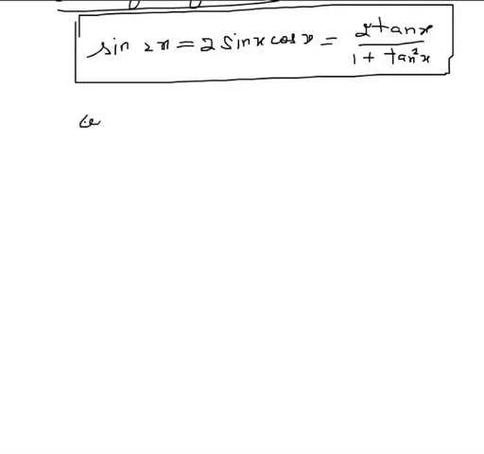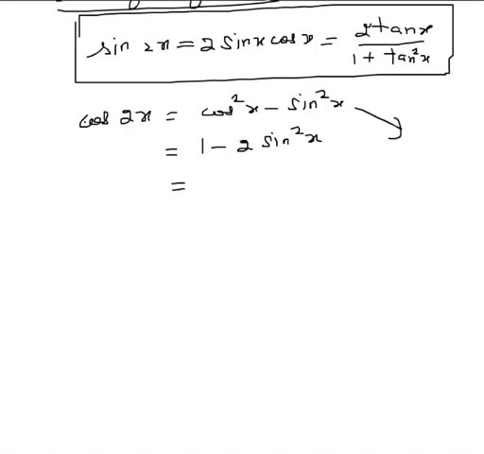Same way, we can derive the two-angle formula for cos 2x, which is cos square x minus sin square x. We can derive this using the cos of x plus y formula. And then you can replace cos square by 1 minus sin square. So it becomes 1 minus sin square, which is 1 minus 2 sin square x. Or you can replace this sin square by the 1 minus cos square identity. In that case, you will get 2 cos square x minus 1.